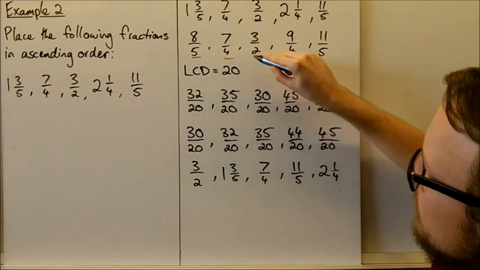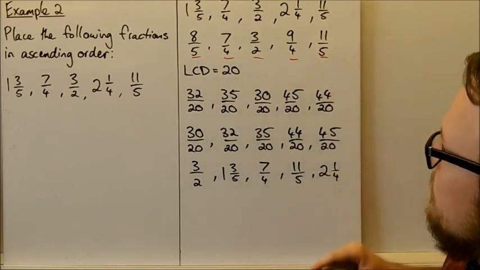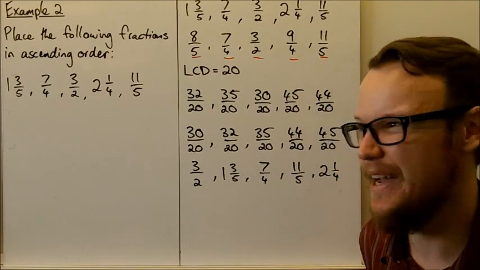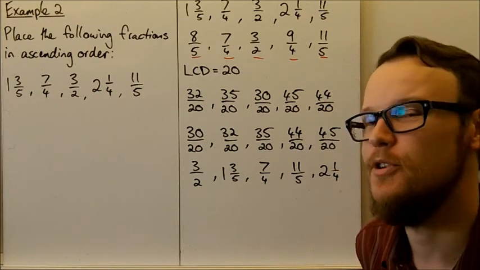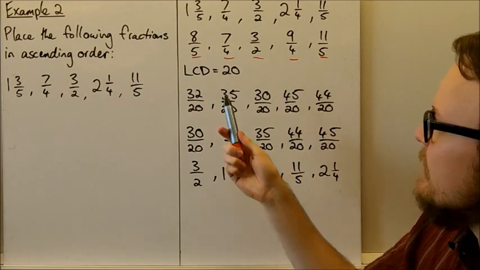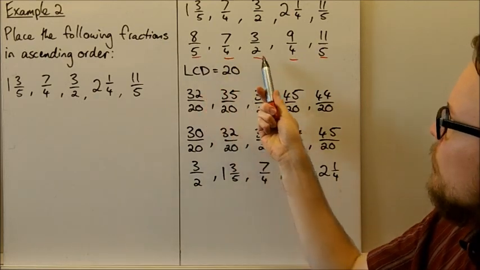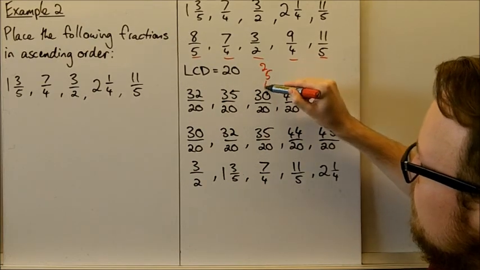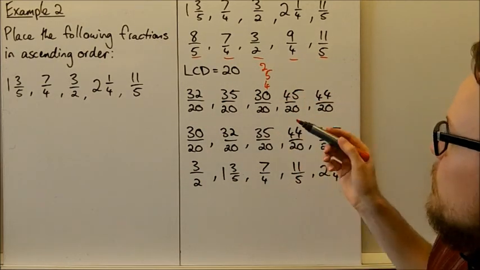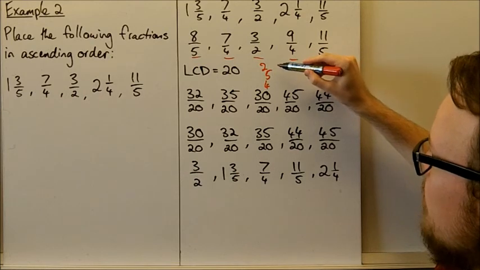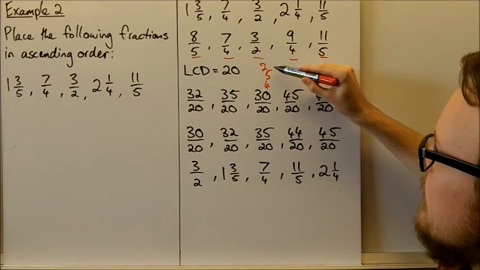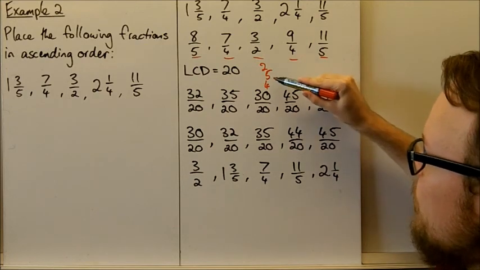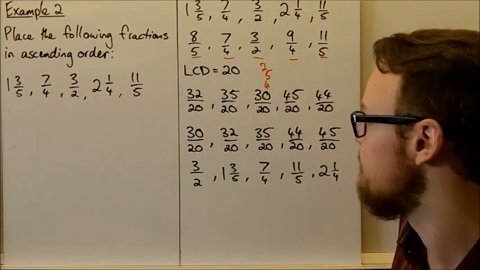Unfortunately, some of the denominators are the same, but we need them all to be the same to be able to compare them. So the lowest common denominator is 20. I can work that out by looking at 2, 5 and 4. The lowest common multiple of all of these, I can do the multiples up. It's going to have to be even, it's going to have to end in a 0 or a 5, and it's going to have to be divisible by 4.